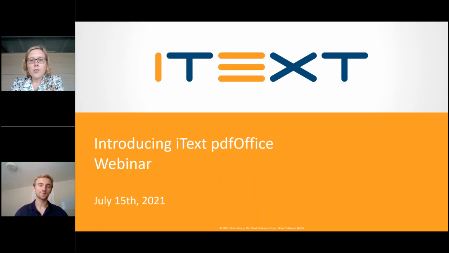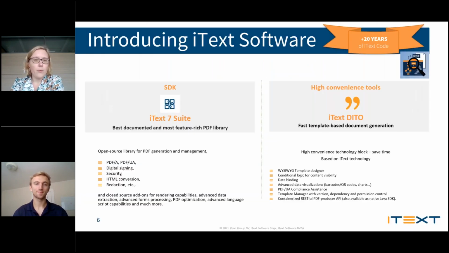So, introducing iText PDF Office with this webinar. Before I hand it over to Cal, who will go through the product, perhaps an introduction to iText Software, the company, for people here who may not know us very well. We're the leader in PDF technology. Our code has been around for 20 years. We today offer two product lines.